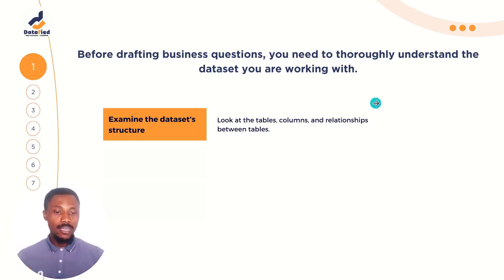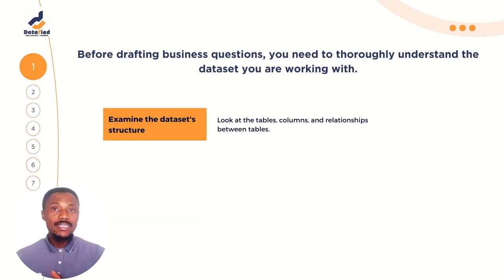This point entails looking at the tables, the columns, and relationships between the tables. So if you have an already designed or modeled data set, which means the data set comes in a modeled form where all the related tables are already connected, relationships have been created, what you'll be required to understand is the entity relationship diagram, ERD.